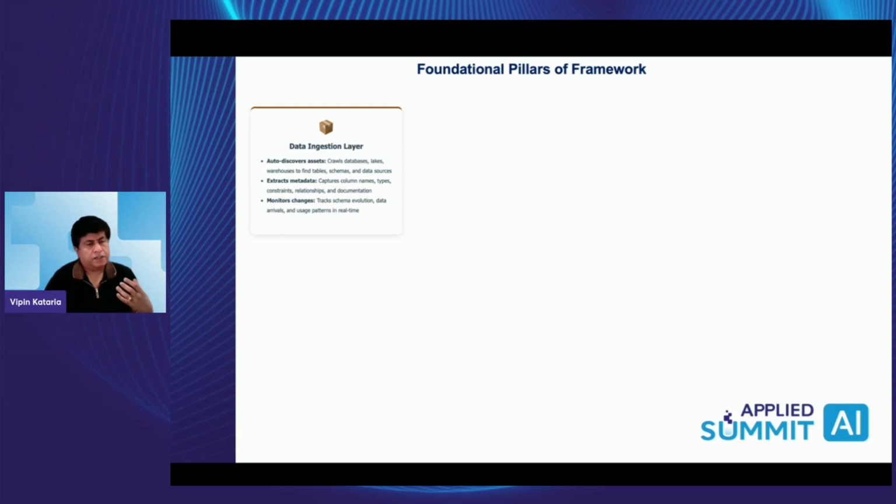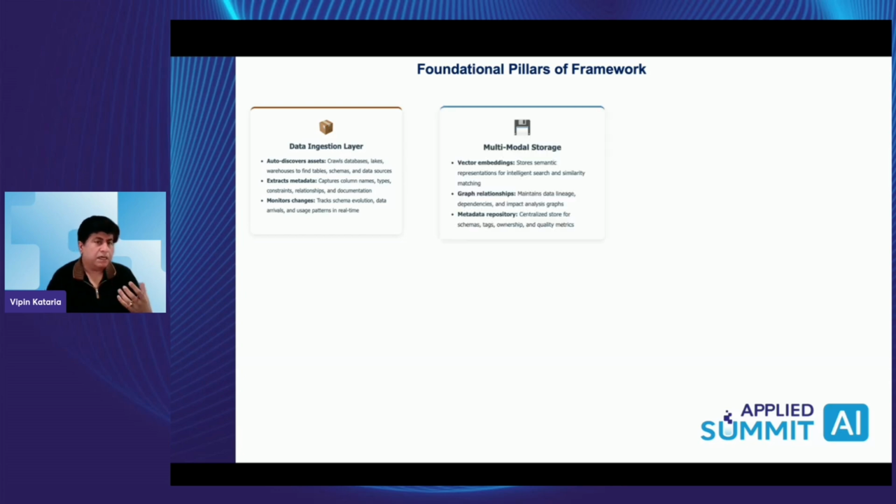So now you have ingested the data, you need to store the data, and that's where the multimodal storage comes in. What it means is it is able to store the data in different modalities, let's say you have structured data, unstructured data, semi-structured data. With AI and ML, you might want to store it as vector embeddings, or it could be your knowledge graph, right?